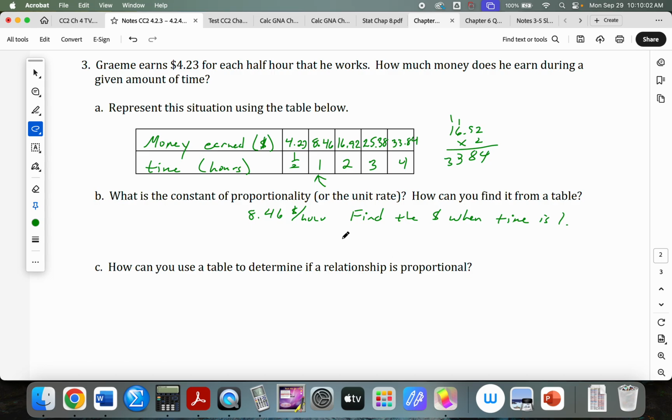It's a line. So what doubles? The money earned doubles per time. When the time doubles, the money doubles. There we go. When the time doubles, the money earned doubled.